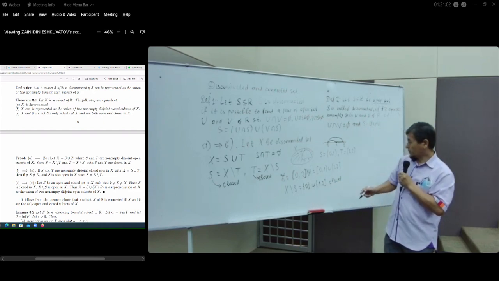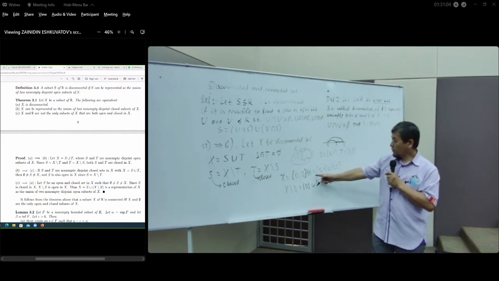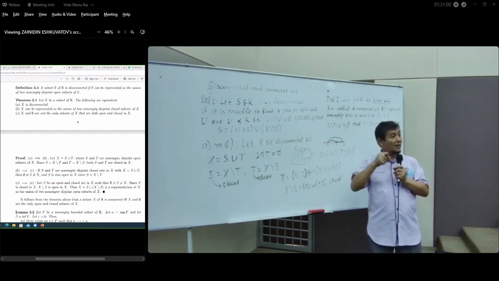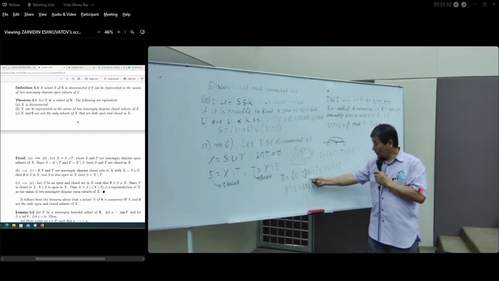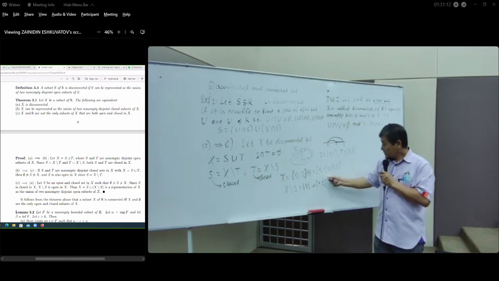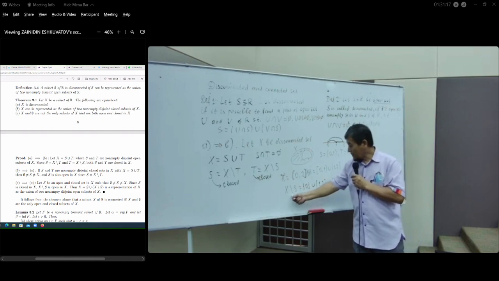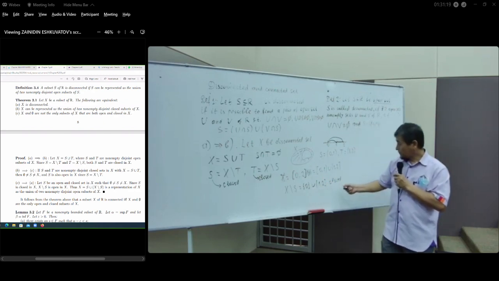Again, very strange. Because here also, in order to be disconnected, we should take out at least 1 point. Once we take out 1 point, this is the disconnected set. From the disconnected set, I'm subtracting the one open set, (1,2].